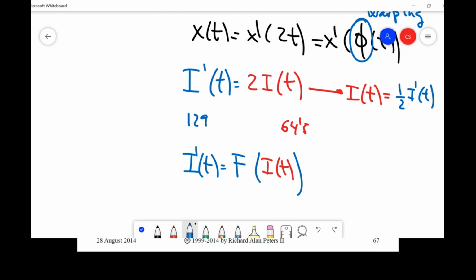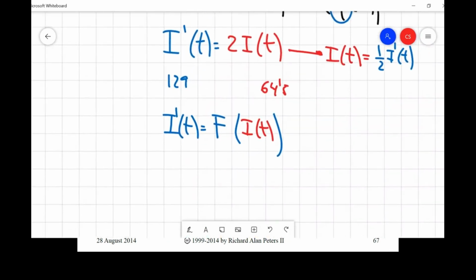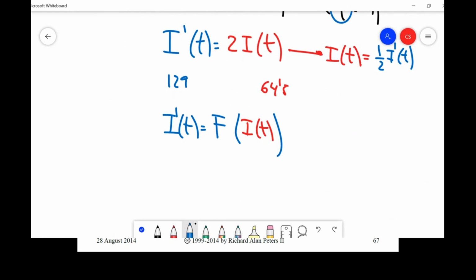This idea of "in that domain" is important, and we'll come to that now. So I of t is f minus 1, the inverse, of I prime. So I don't lose information if f is invertible.